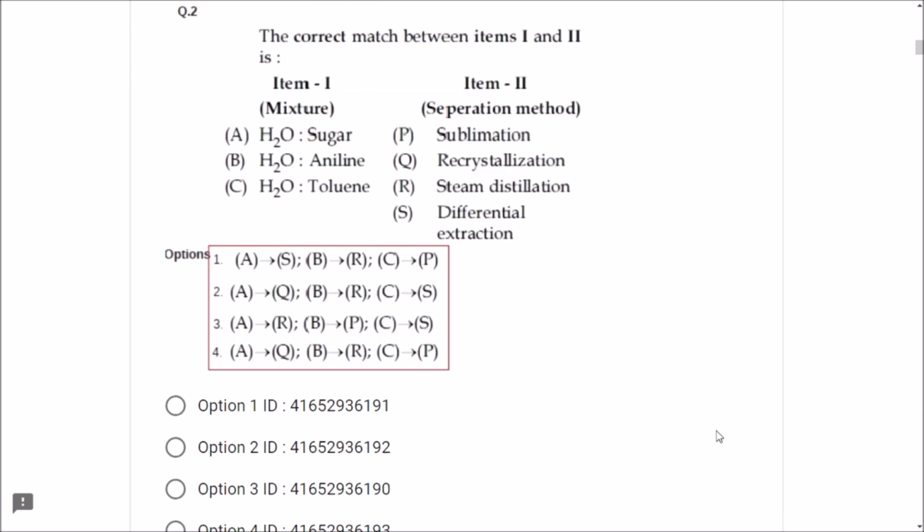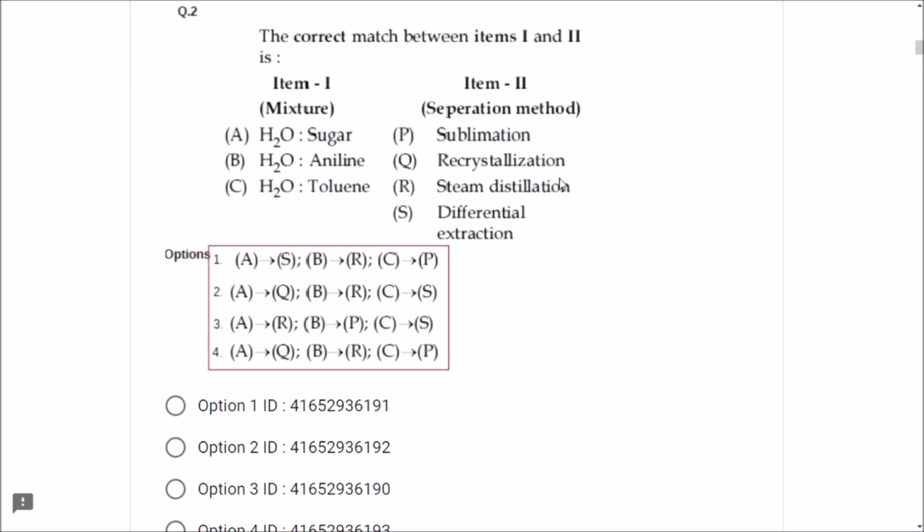Next, question number 2. The correct match between items 1 and 2. What is given in item 1? That is mixtures: water with sugar, water with aniline, water with toluene. And item 2 is the separation method. Water and sugar, how will you separate? Sublimation? No, students, there is no question of sublimation, because sugar is not sublimable, aniline also is not sublimable, toluene no. So sublimation is removed.